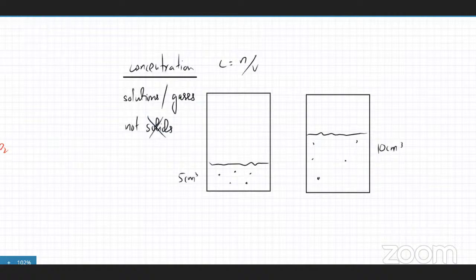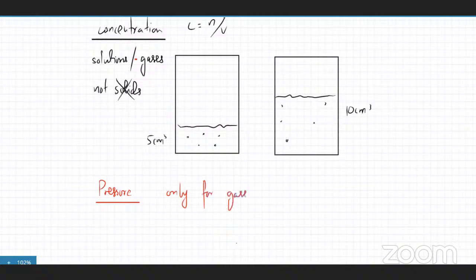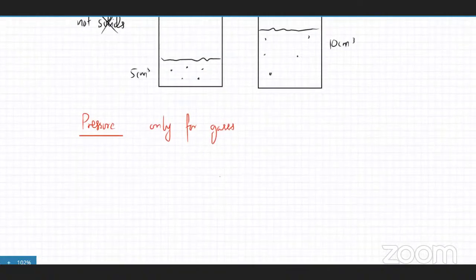Yes. So then the next one, you've got pressure, right? And remember, pressure only has an effect on the rate of reaction for gases, only for gases. If your reactants are gases, only then will this make a difference, because solids and liquids are not compressible.